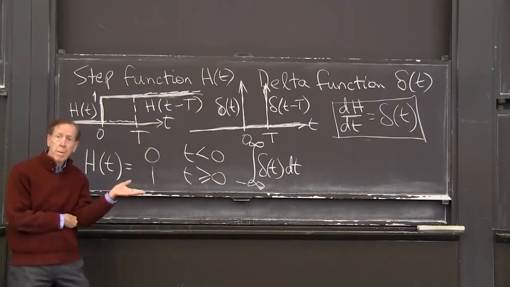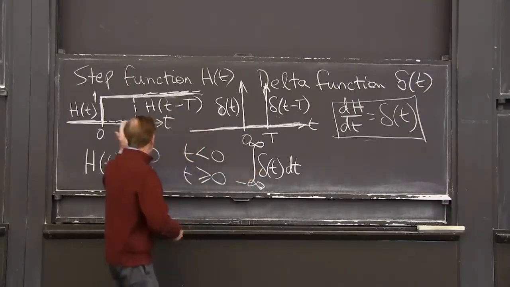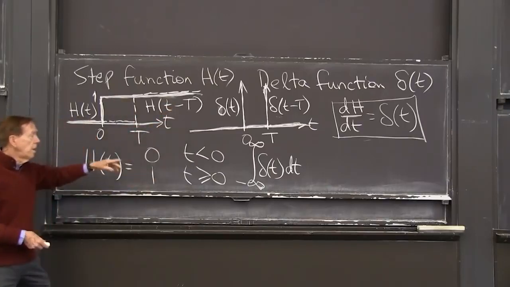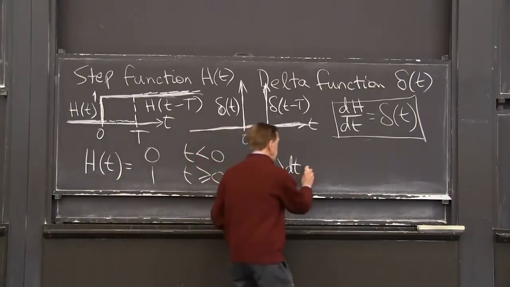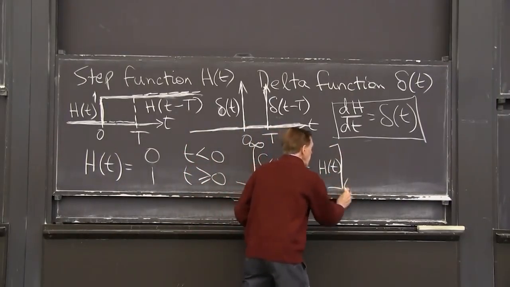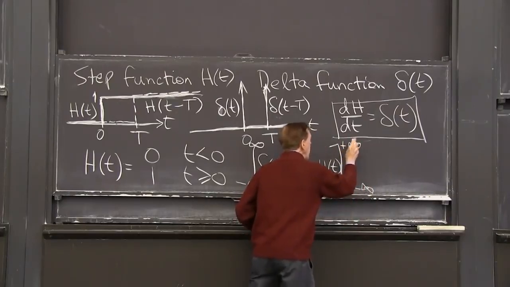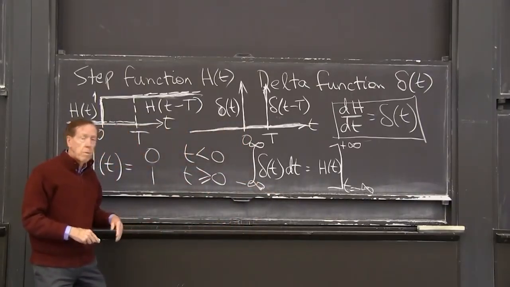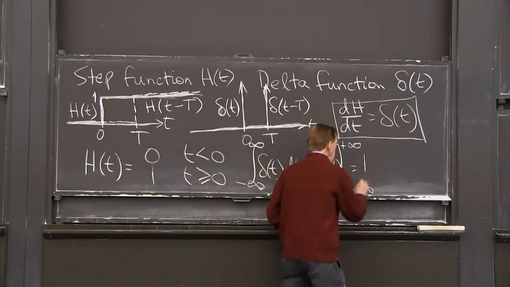And what is the answer? Well, the integral of delta should be the step function. The step function out at infinity is 1. Back at minus infinity it's 0. Do you see what I'm saying here? This would be H of t evaluated between t equal minus infinity and plus infinity, because those are the limits of integration. And what do I get? At plus infinity, the step function is 1.